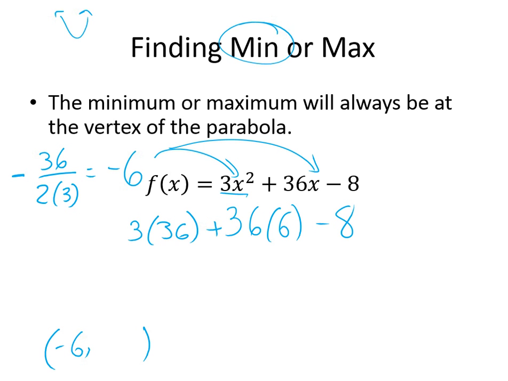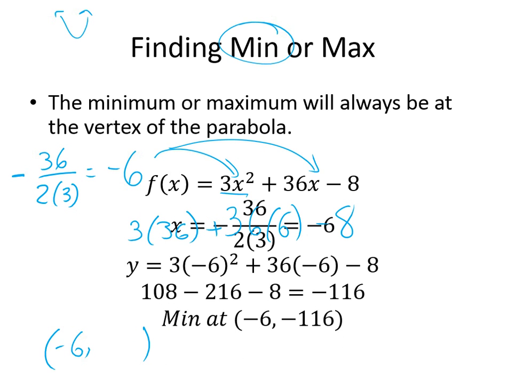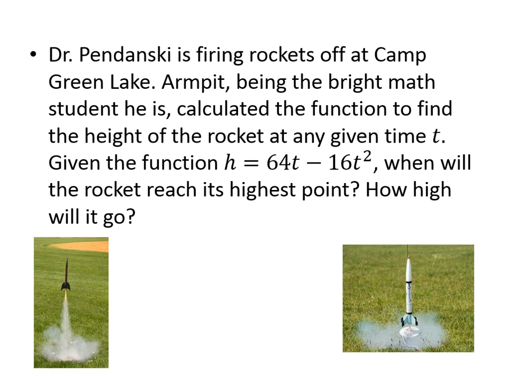Simplify this all the way through, and we get negative 116. Our minimum is at negative 6, negative 116. Pretty straightforward.